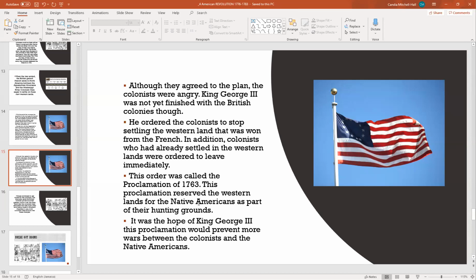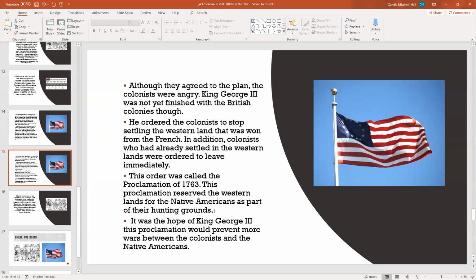We are getting somewhere now. What was the promise that was made to the Native Americans for them to switch sides from the French to join the British? Western land. They would receive the Western land. But who wanted the Western land to expand?